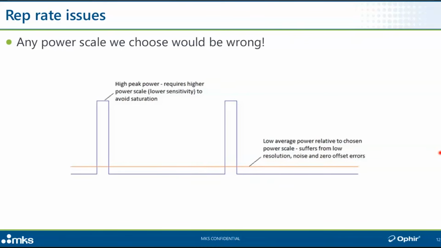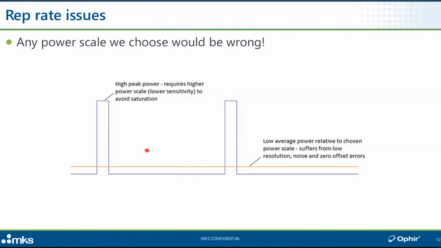If, on the other hand, we want to avoid saturation, and so we select a scale appropriate for the high peak power, meaning low gain in the electronics, then we set the scale so that this doesn't saturate the detector. But then the parameter we're trying to measure, the average power, is going to be near the floor of the scale, and we're going to suffer from poor resolution and lots of noise. In other words, any scale we choose will be wrong.